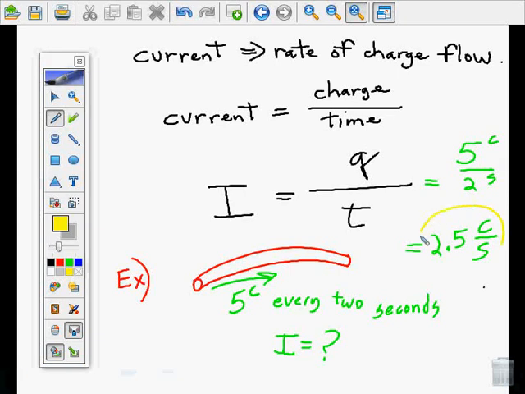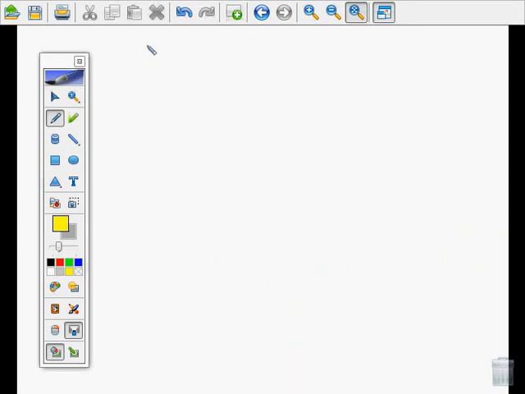And those are great units for current because they're self-explanatory. That means you have 2.5 coulombs of charge going through that wire each second. Keep in mind though, that doesn't mean there's 2.5 electrons going through there each second. A coulomb is a big gang of electrons. So, recall, 1 coulomb is equal to a big gang of electrons.